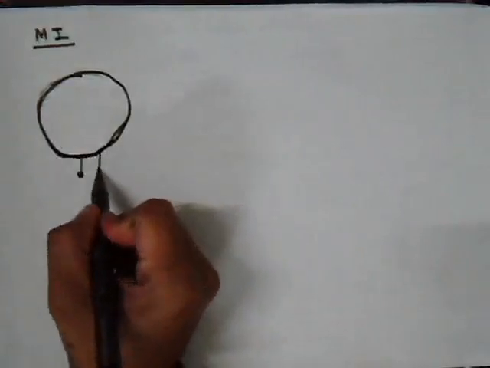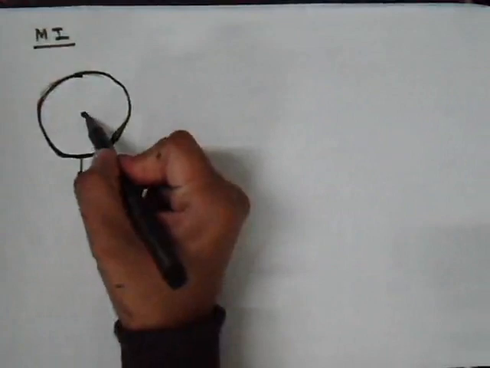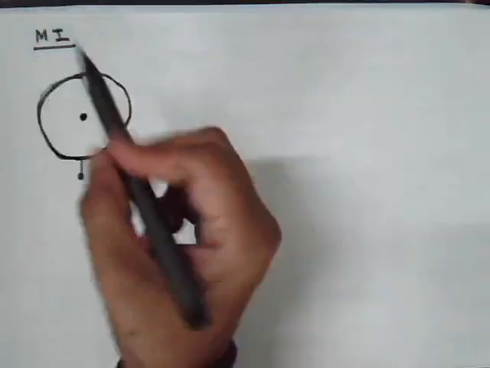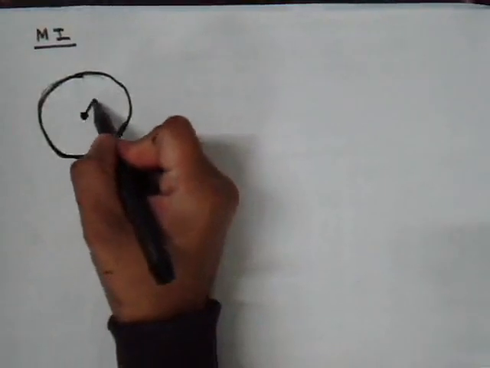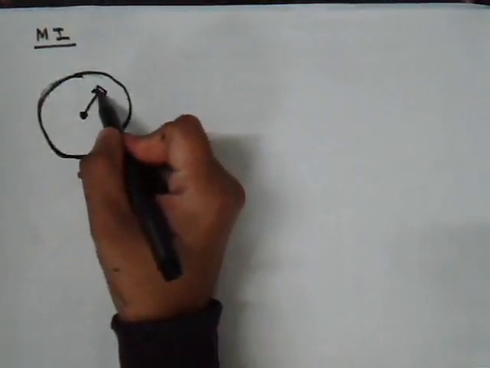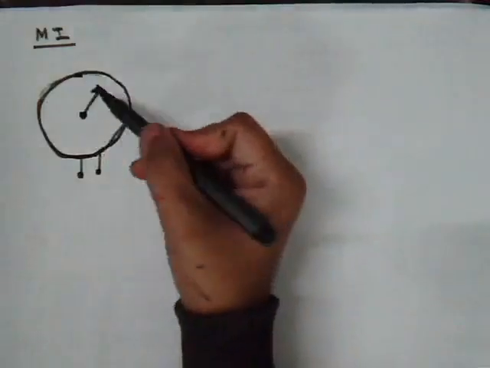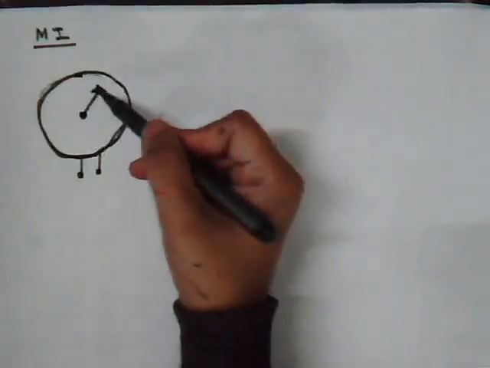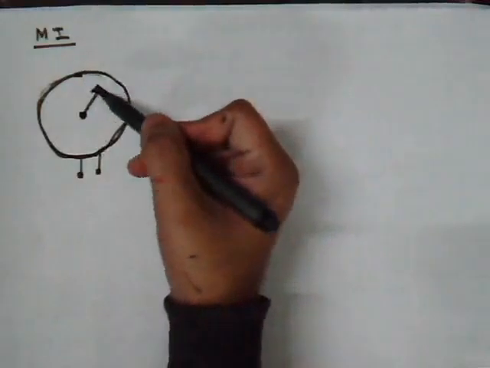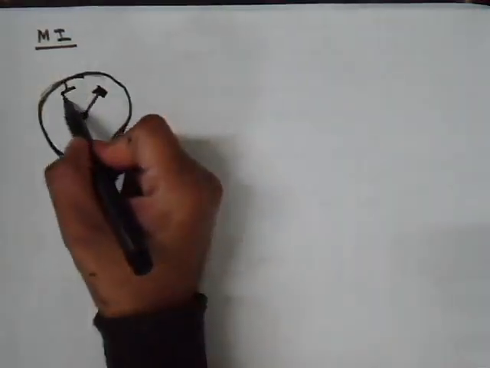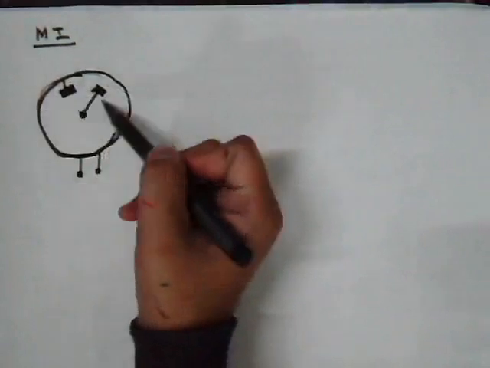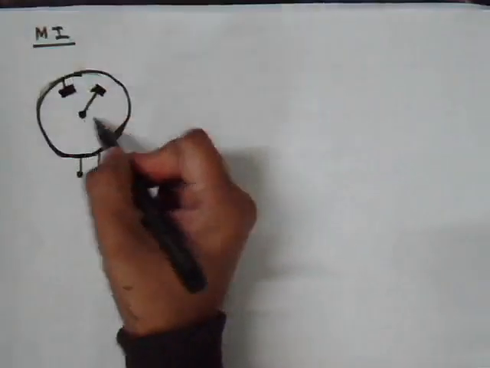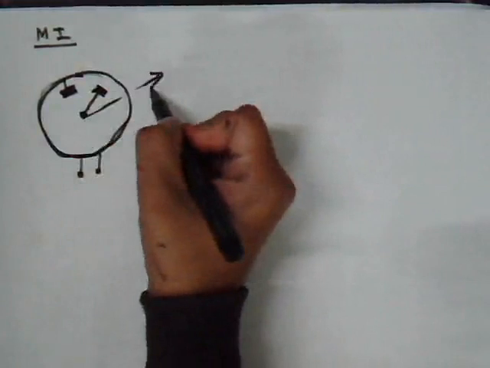These are the two terminals of the coil, and inside this I have a spindle, an axis from which I have a piece of iron bar, which is vertical to this paper, and then there is another piece of iron bar which is rigidly attached to the coil. So this cannot move, but this one can move, and the indicator is connected to this axis or spindle.